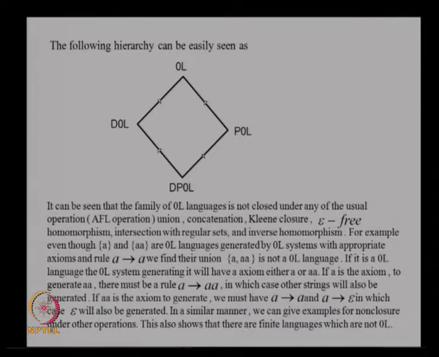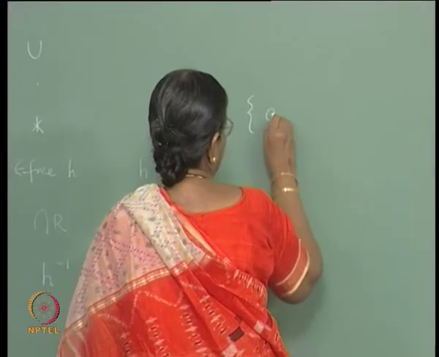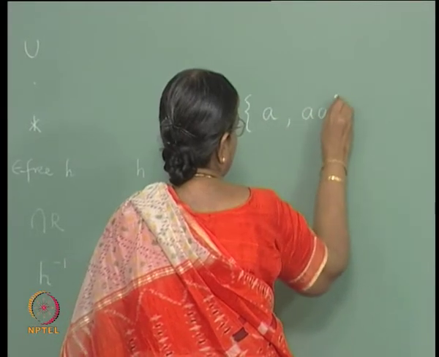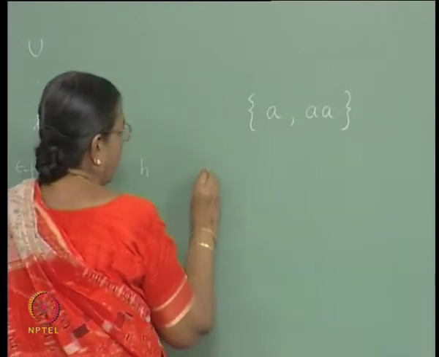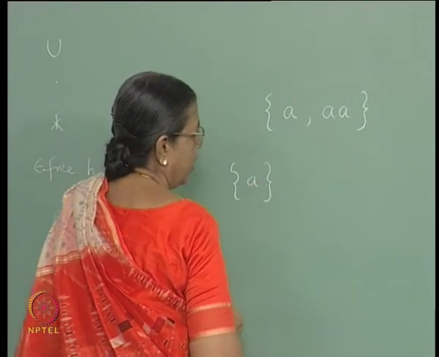Now, we find that 0L languages are not closed under any of these operations. Look at this language, A, AA, which has just 2 strings. Now, A alone is a 0L language.